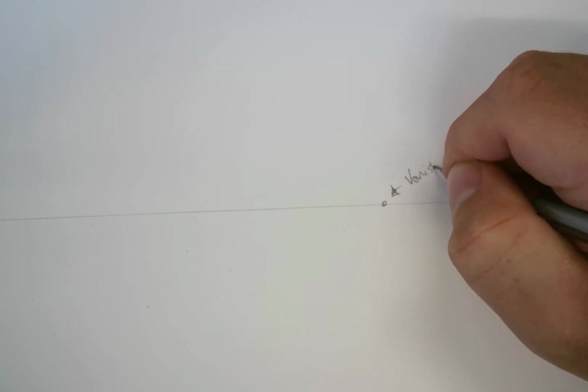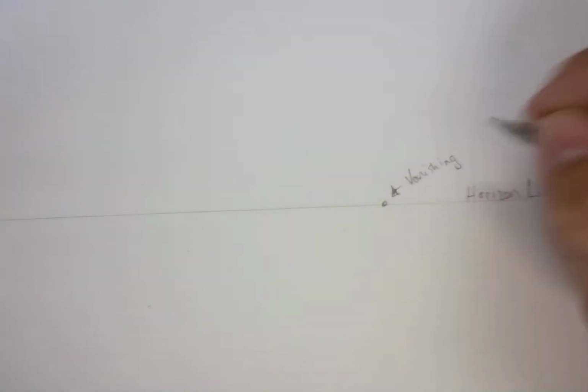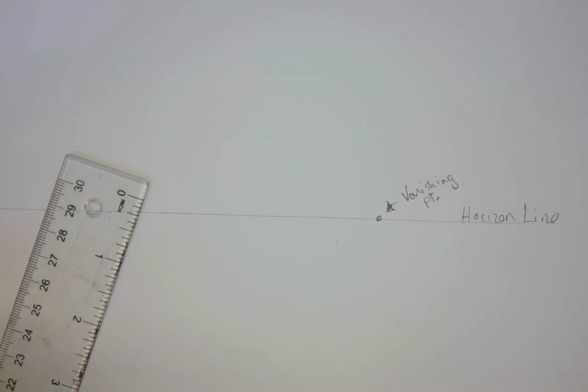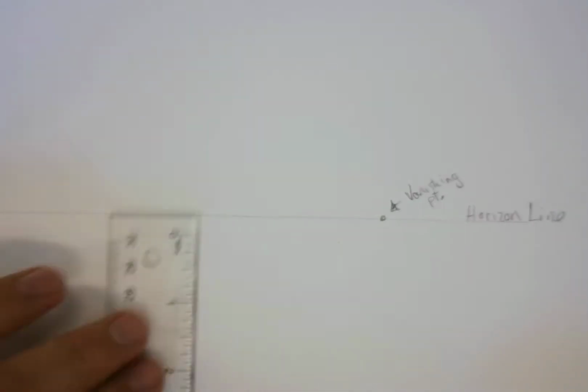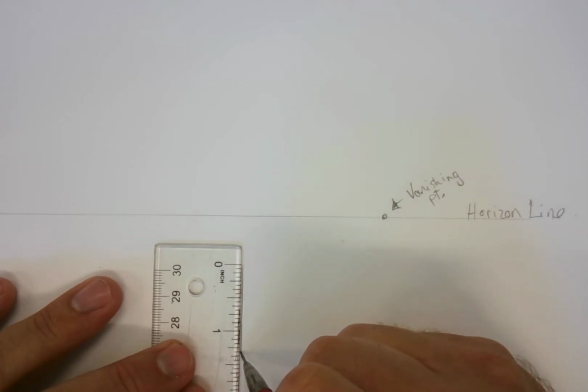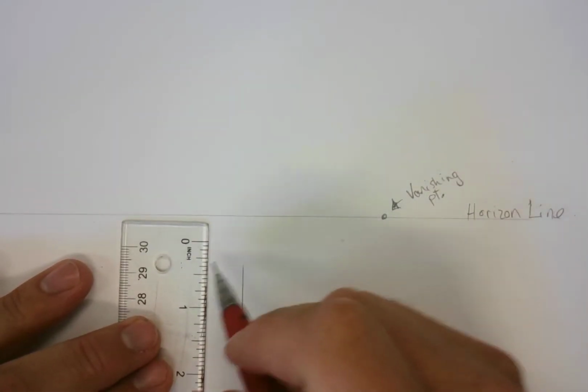Now this may be review, and we did go over it a little bit in class, but I want to talk about it again in more detail. For the purposes of this, we're going to start below that horizon, and we're going to start off with just a regular rectangle or square.